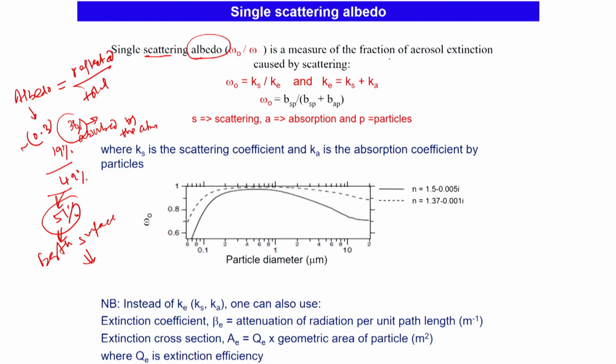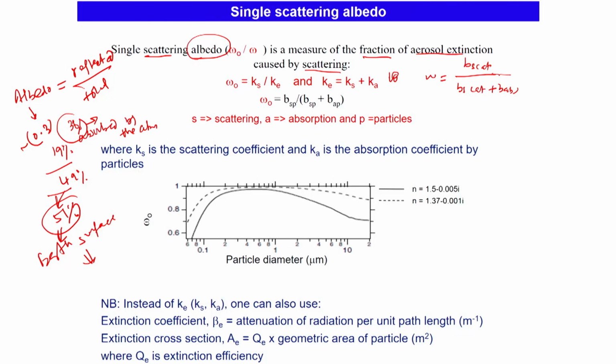This ratio is a measure of the fraction of aerosol extinction caused by scattering. This is very important. So you can write omega 0 is V scat divided by V scat plus V absorption.